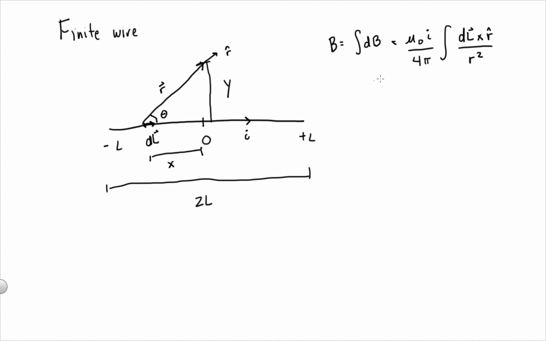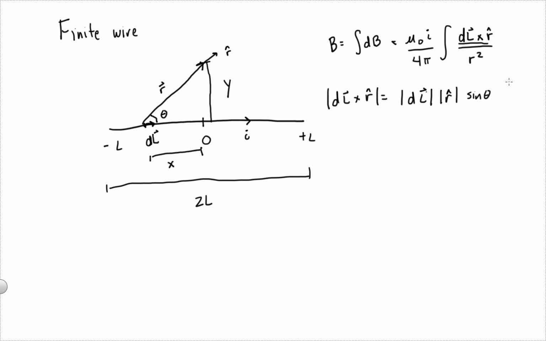Okay, so let's look at this first term, the cross product term, dl crossed into r hat. Let's calculate its magnitude. Well, its magnitude is going to be the magnitude of dl, times the magnitude of r hat, which by definition is 1, times the sine of theta, the sine of the angle between those two.